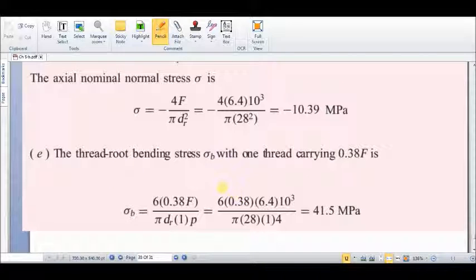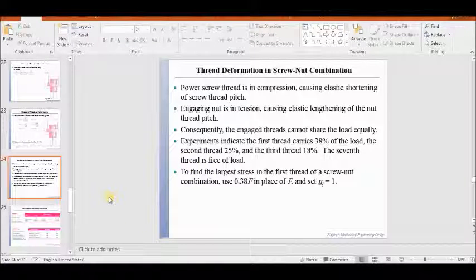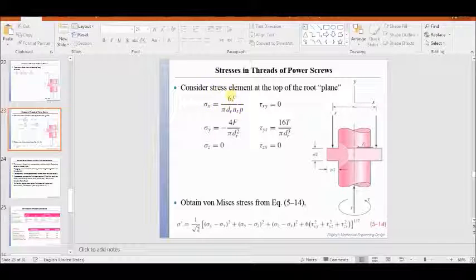So we use this 38% of the load, right? You see, this 38% is not included in the equation. We don't have such a thing here, right?